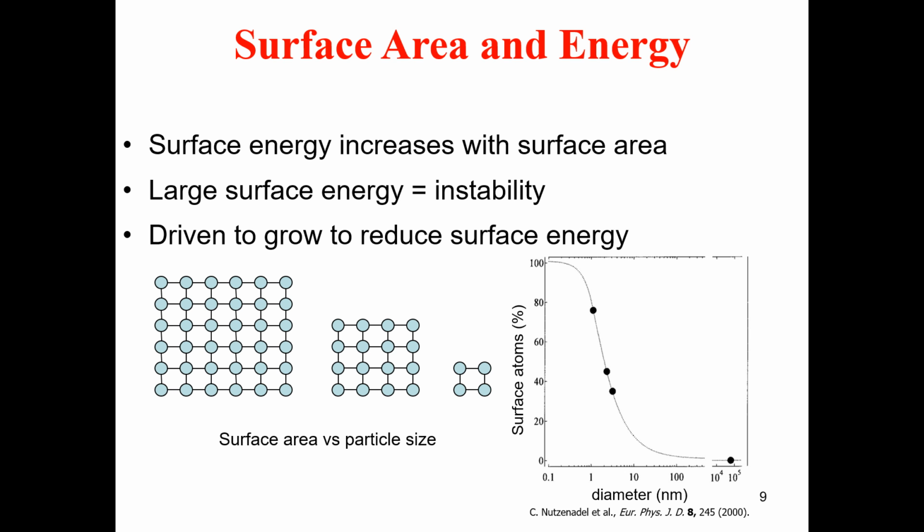If we move toward stability, we try to adopt some techniques. The instability of the materials is particularly important for the reactivity of the material. Once we are interested in a particular material, and once we achieve that material, we try to drive it to grow to reduce the surface energy.